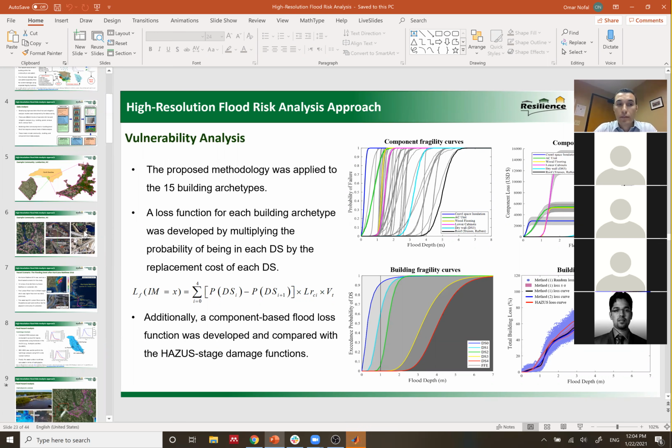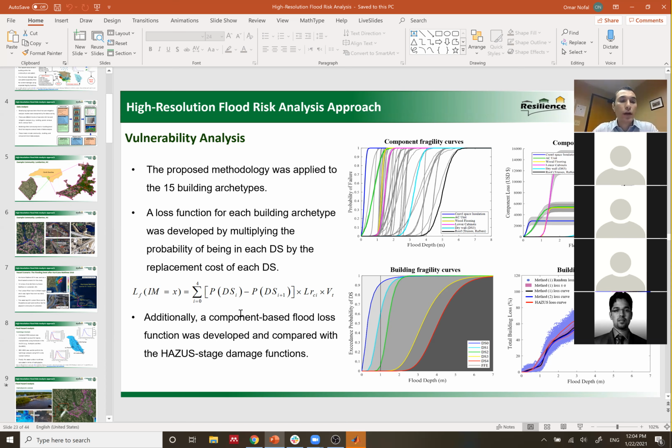How would you evaluate the possibility of doing such work in data scarce regions like Jordan or the Middle East? I've got a project where we're trying to reconstruct a fatal flood that happened in Jordan a couple of years ago, and we're stuck at the data level, even the very rough level of data. So how would you evaluate the possibility of doing such work? Is it zero possibility, or can we do something and compromise on other things?